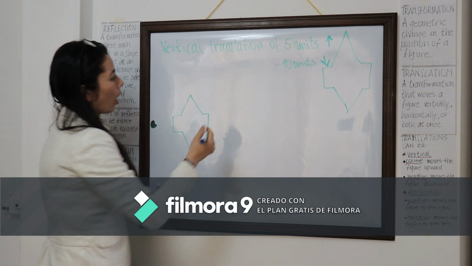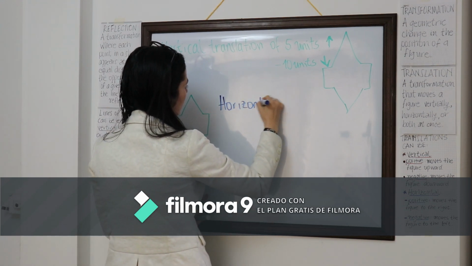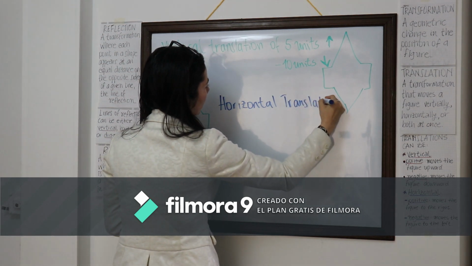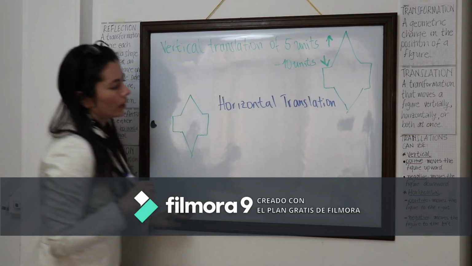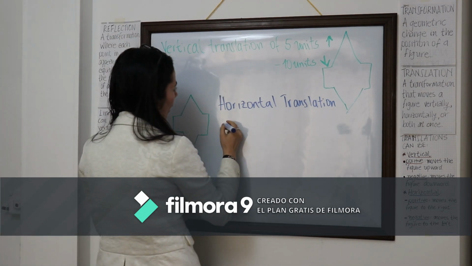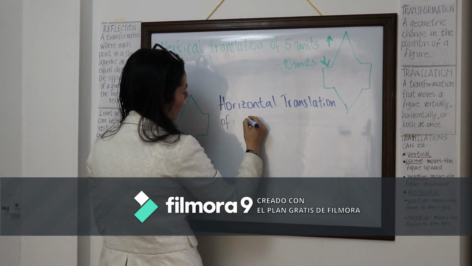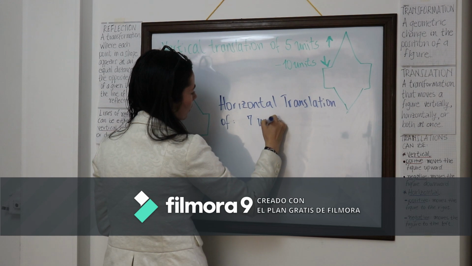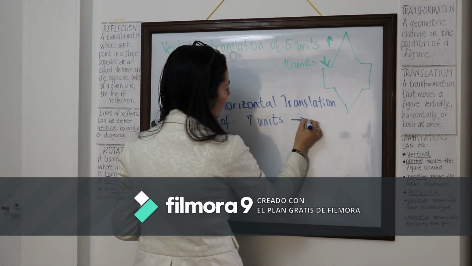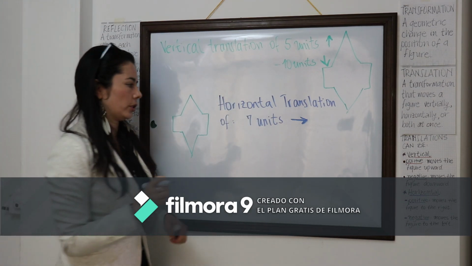When it comes to horizontal translations, then again we have positive or negative, right? And then don't forget that if I have a horizontal translation of 7 units, then what that tells me is that I need to move the figure to the right 7 units from its initial position.